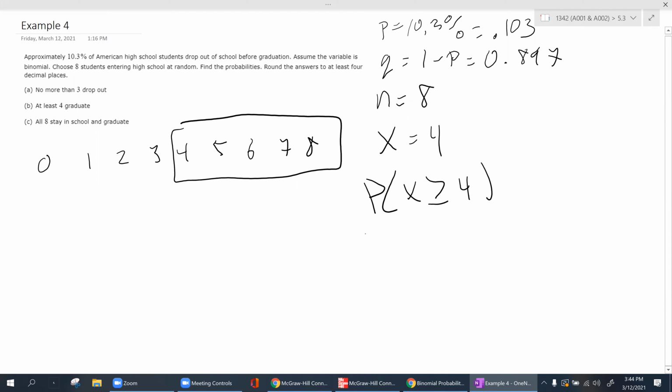Or you can even use P of x greater than 3. Very nice. I'll let you all compute this one out.